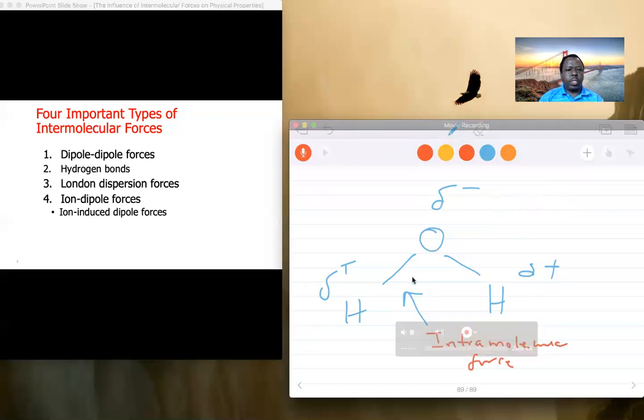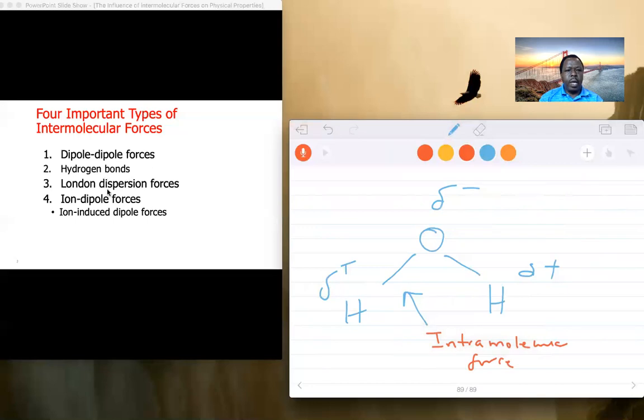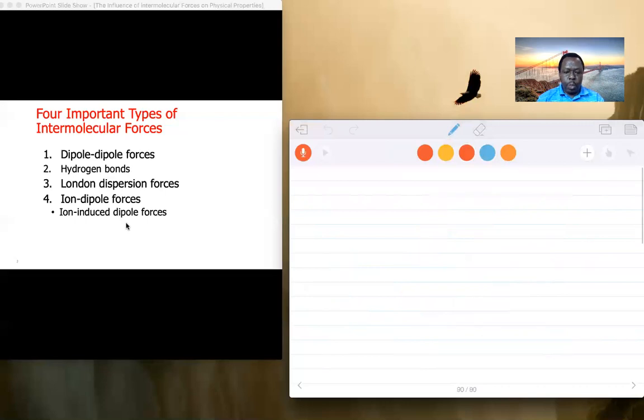So when you see these types of forces I have here, London dispersion forces, hydrogen bonding, dipole, or ion-induced dipole, those are the forces which exist between two separate molecules, whereas intra is just within the molecule.